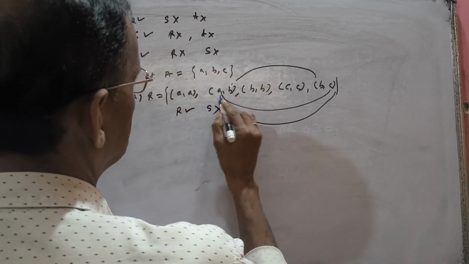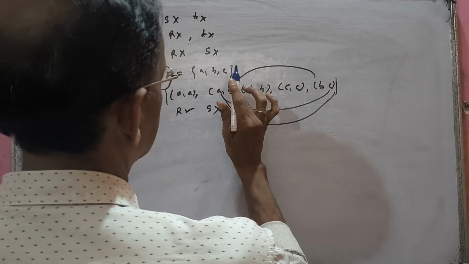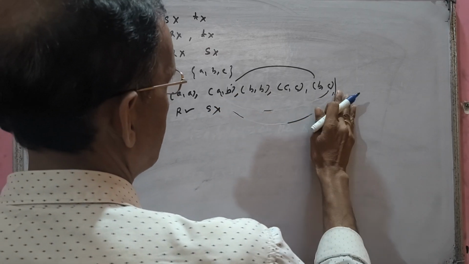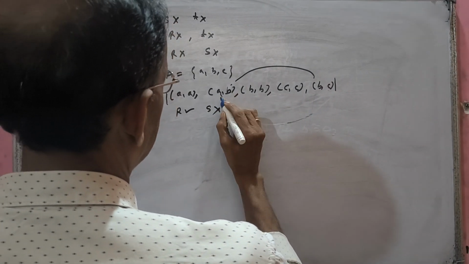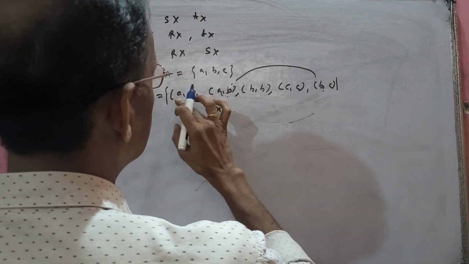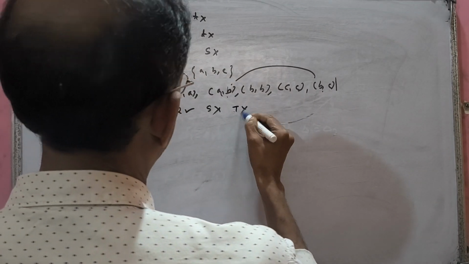For transitive. But (A, C) is not here, so it is not transitive. Is it clear?